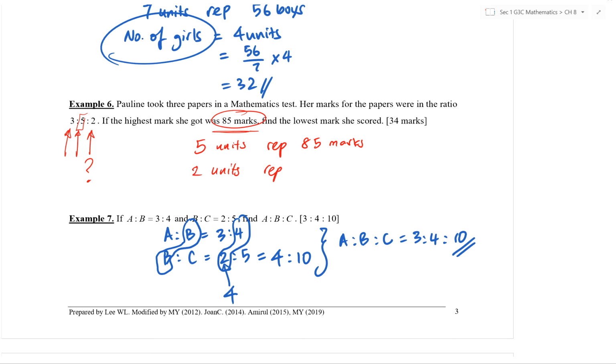It's just the same as 3 oranges cost $1. How much do 12 oranges cost? So you take something divided by something times something. Okay? How I remember it is this 85, this number on the right hand side, divided by 5. So I go this way, divided by 5. And then I multiply by the 2.